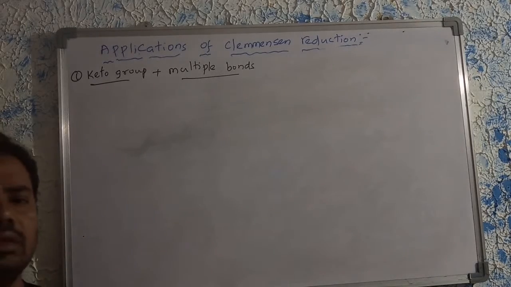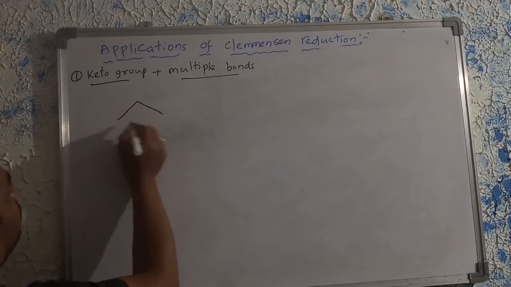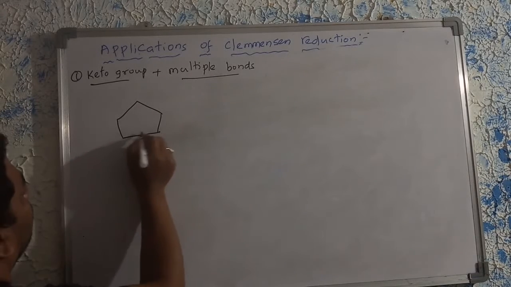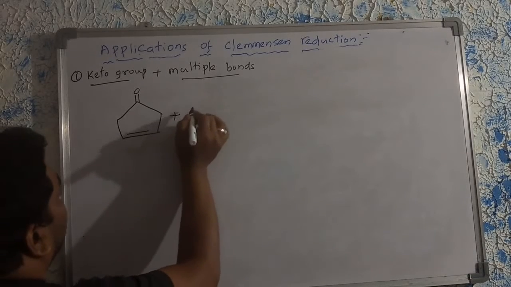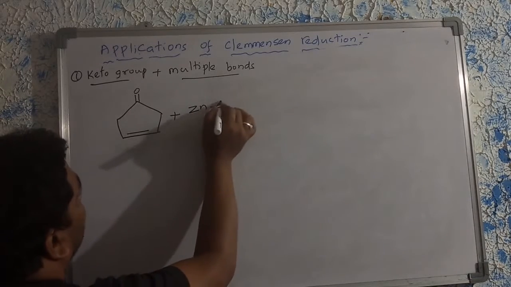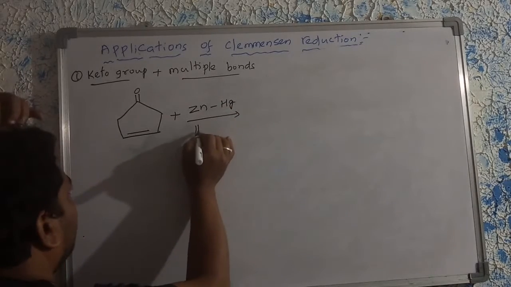Keto group plus multiple bonds. We'll see the example. C=O reacts with zinc amalgam, HCl.